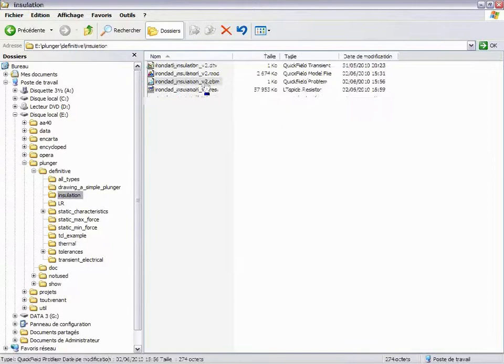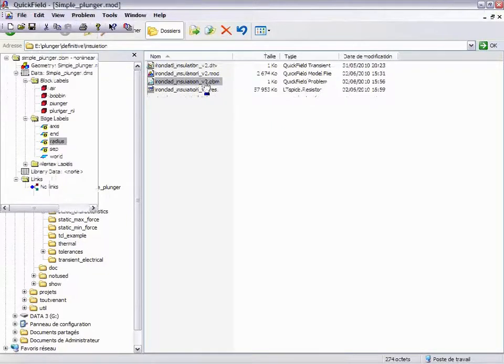So what about the design? We'll take this one.